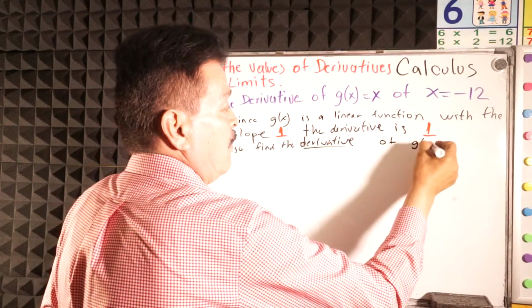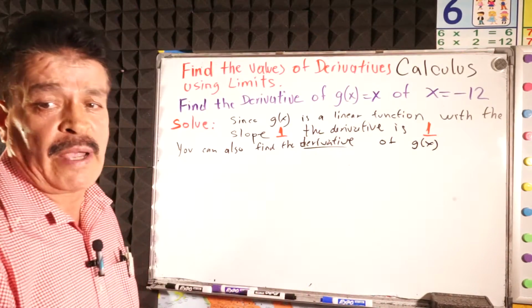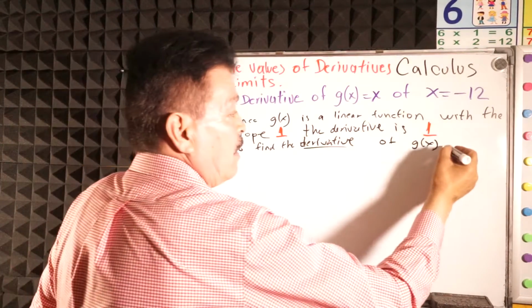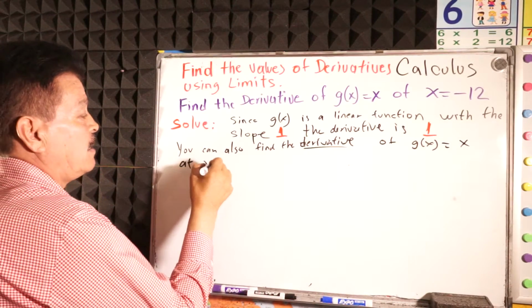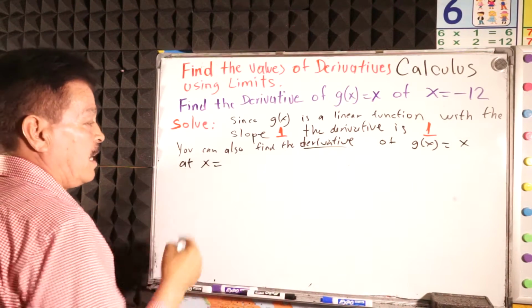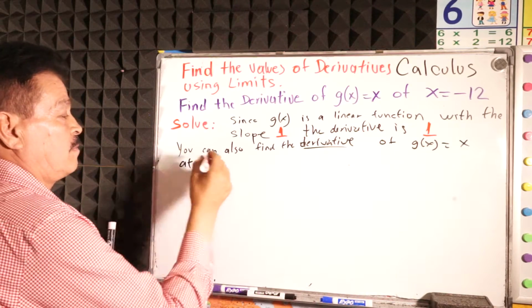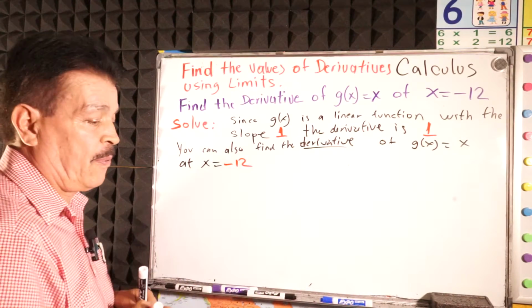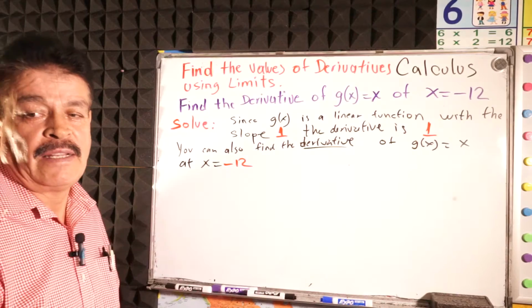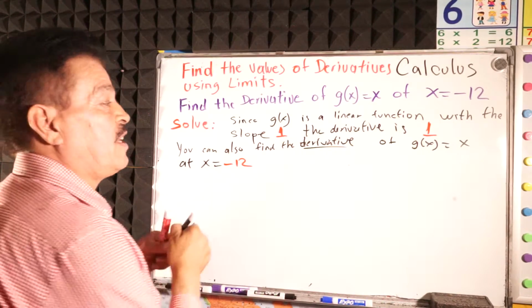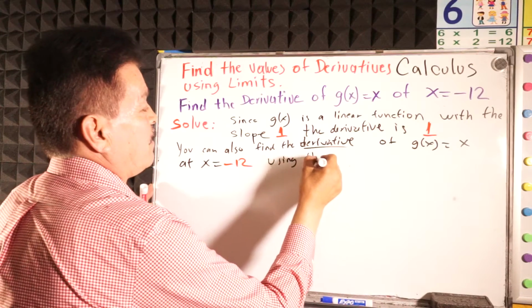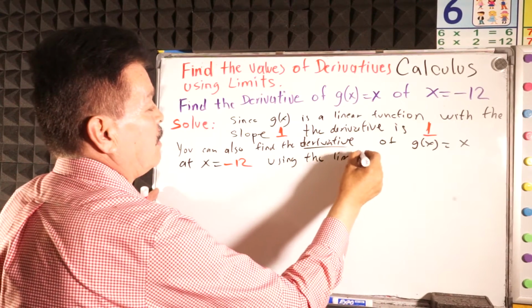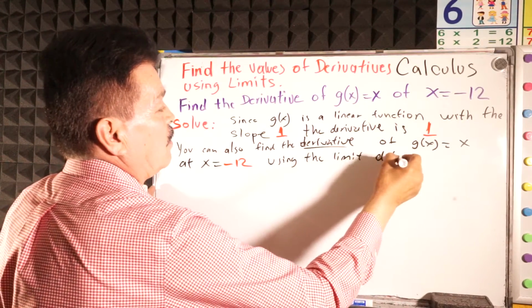The derivative of g of x equals x at x equals -12, right? Using the limit definition.